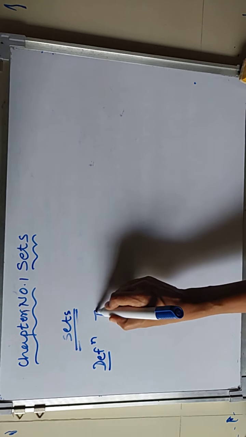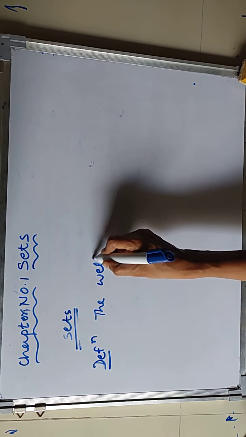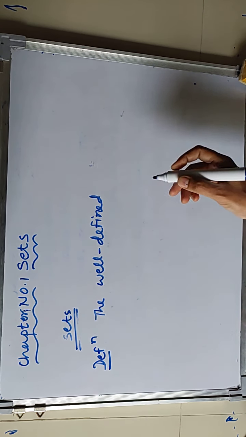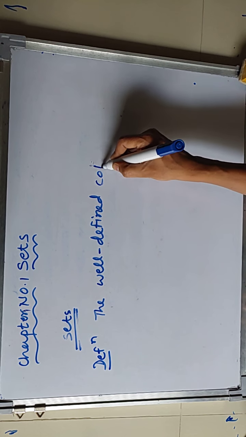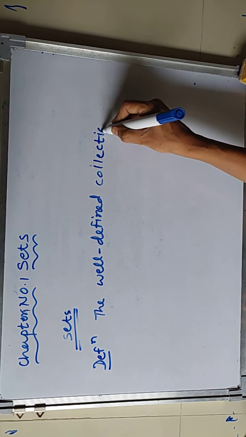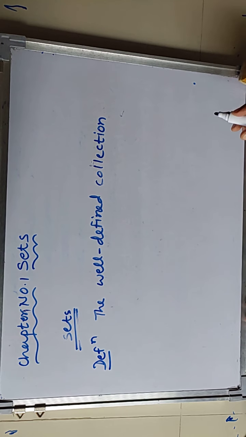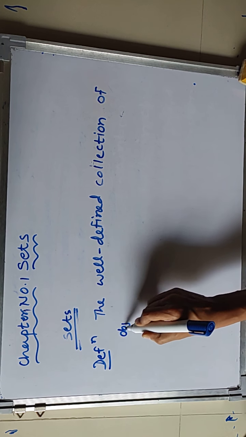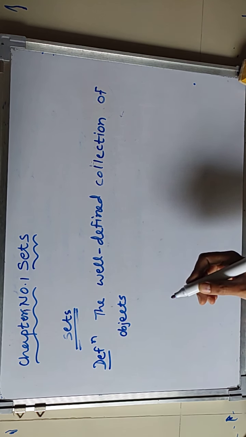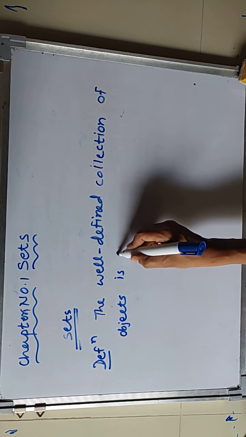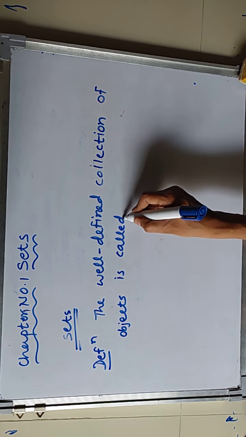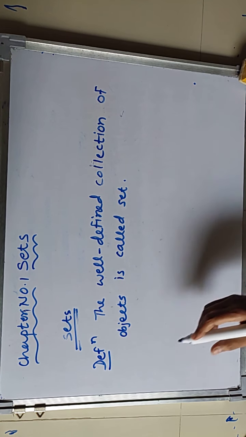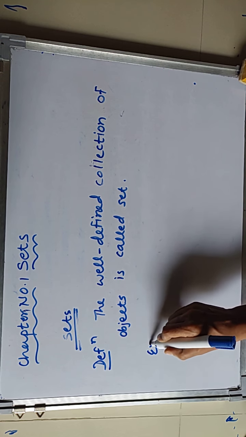The well-defined collection of objects is called a set.